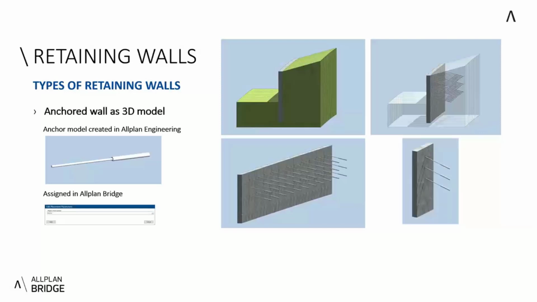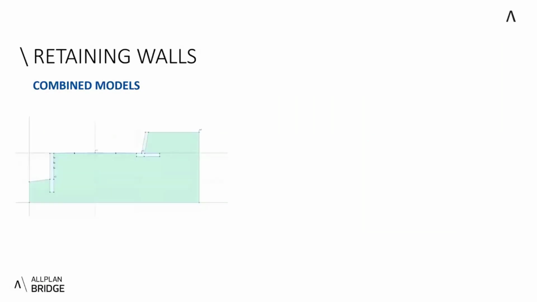And of course, we can either take a look at smaller segments where we have just one column of anchors. But we can always combine these models. So in this case, I would like to show a combined model of a few retaining walls where we have a cantilever wall on the top right, there I have a road structure, and then I have a driven wall, a driven anchored wall.